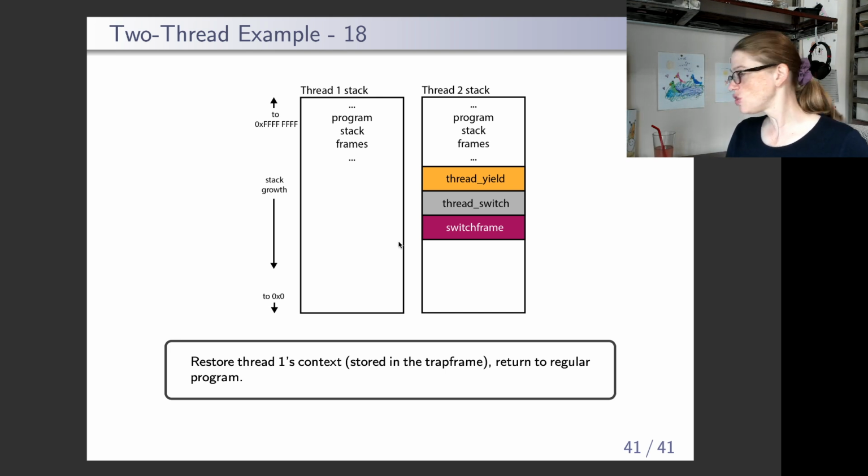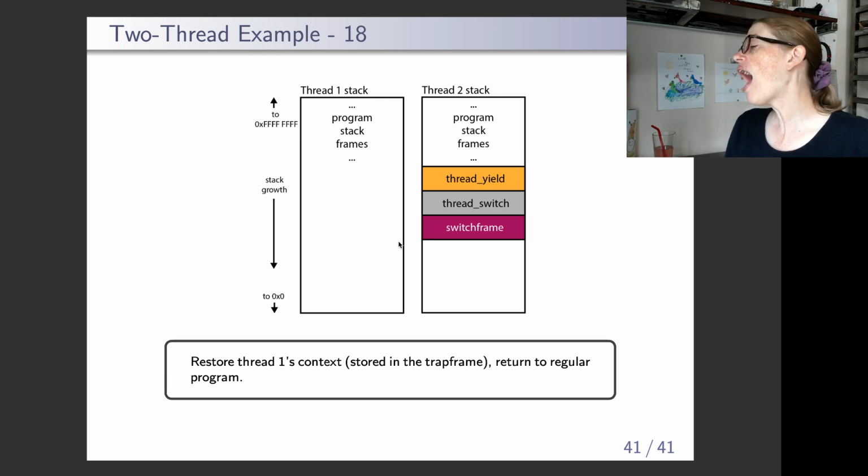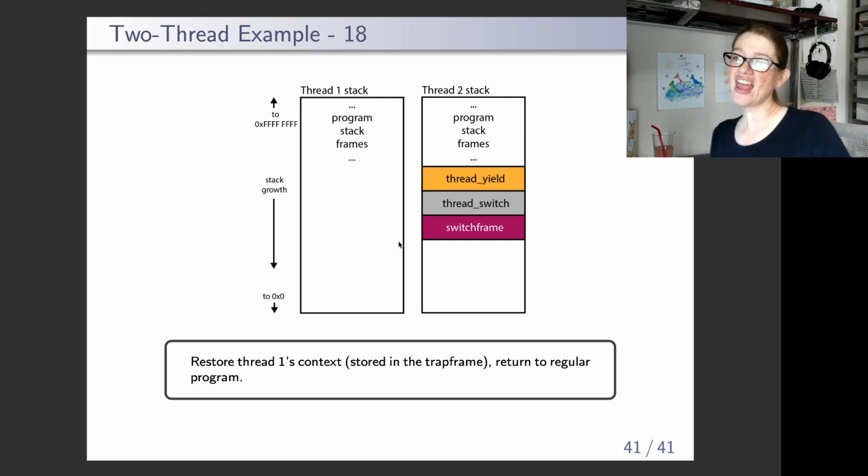So another question on Twitch here is, does switch frame always work with the same core? If so, how do we ever start working with more than one core? So yes, it can work with more than one core. When we have a context switch, it's typically happening at the core level.